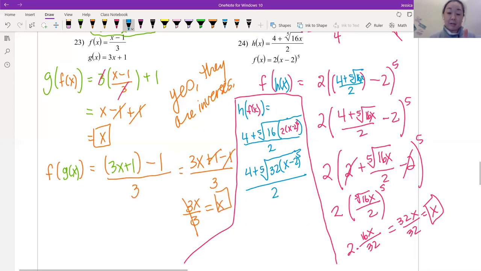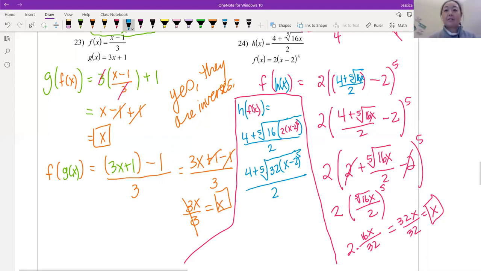Okay, now we got to make this work. What is the 5th root of 32? Remember, it's supposed to cancel out, so I have an inkling that this is a perfect fifth. The 5th root of 32 just equals 2.